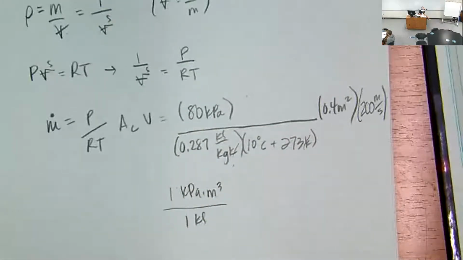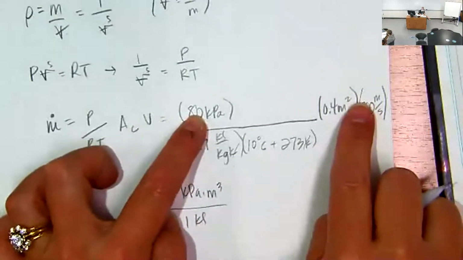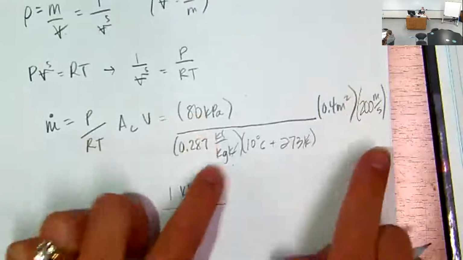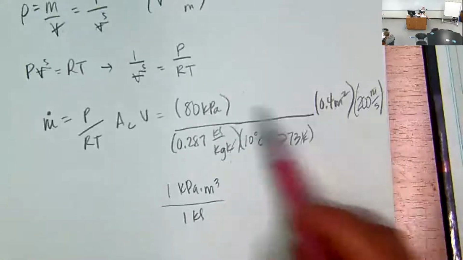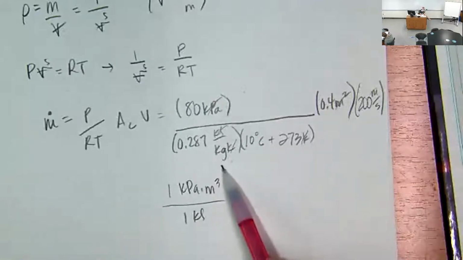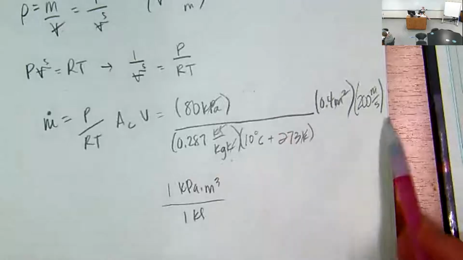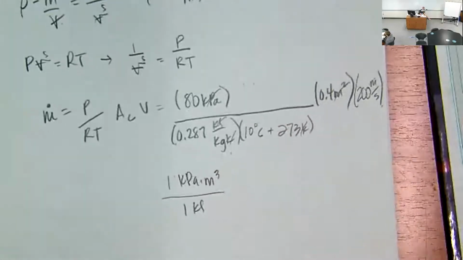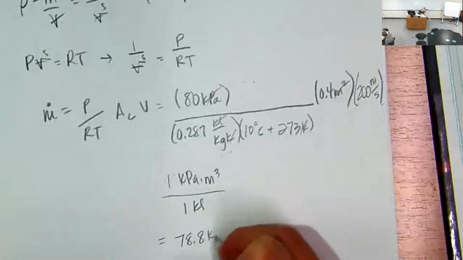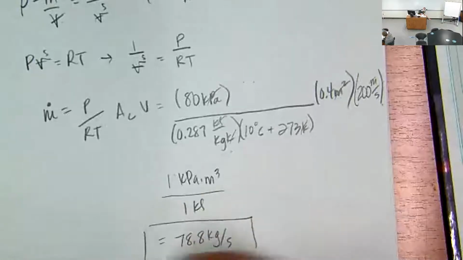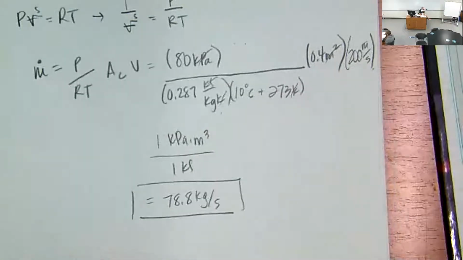Would that work for us? Kilopascal cubic meter to kilojoule, which leaves us with kilograms per second. Yeah, so we need to do this conversion from kilopascal cubic meter to kilojoule. So then kilopascal cubic meter, those are canceled, kilojoules were canceled, we'd be left with kilograms per second. So working this out, we get 78.8 kilograms per second as our mass flow rate of our air in the diffuser.